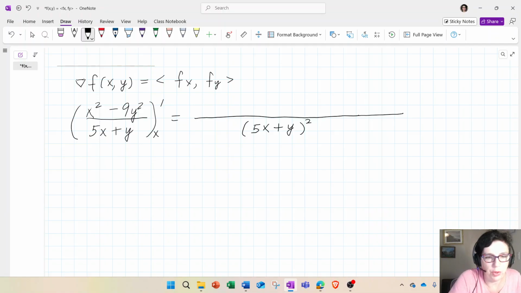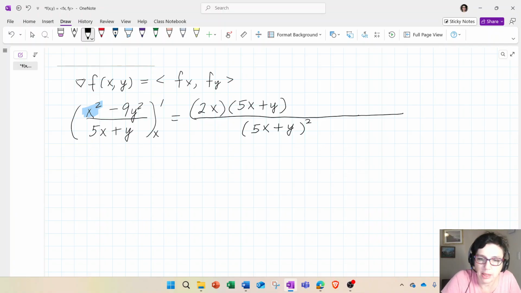And so when we do that, we disregard any terms that do not have x in them. So if you're looking at x squared, that has x, but the 9y squared doesn't, and so that's actually going to be 0, because when you're taking the derivative with respect to x, you think of y as a number. So derivative of the top with respect to x will just be 2x. And then you multiply that by the bottom with no change.